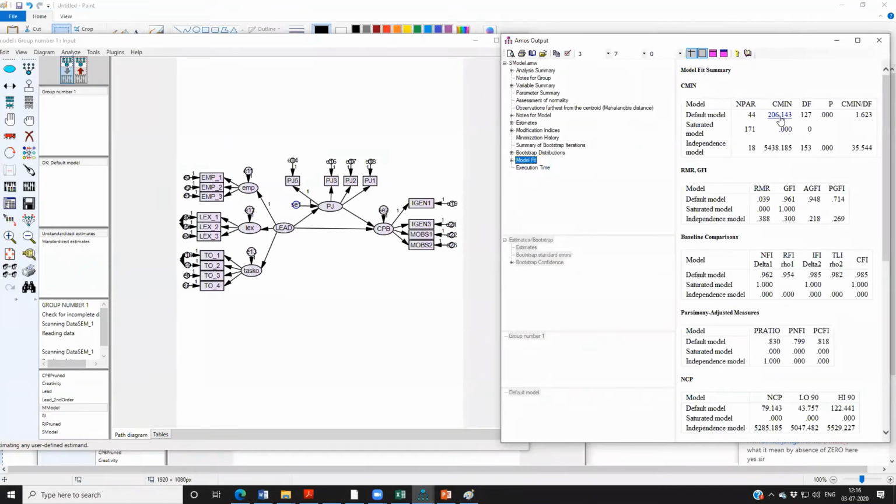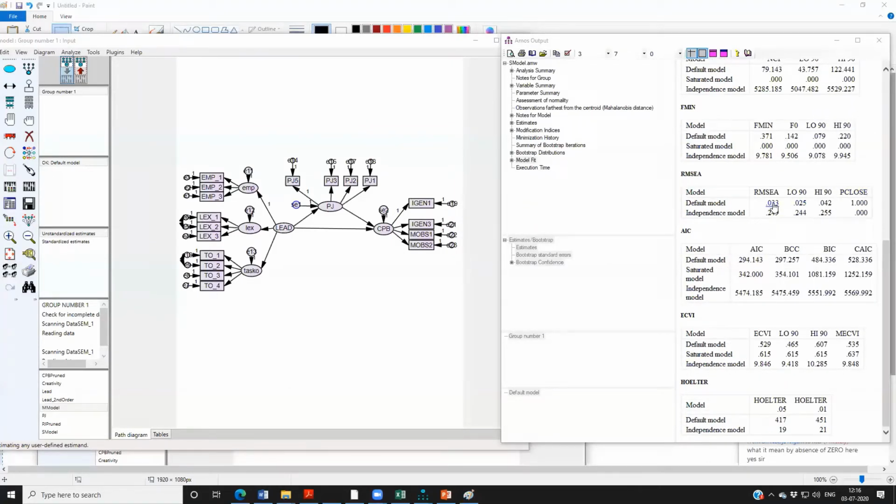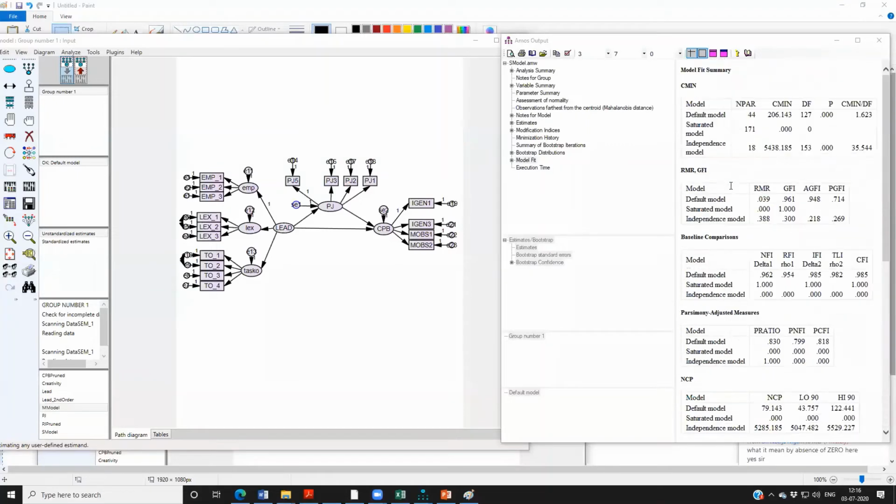Our chi-square is 206 degrees of freedom, our relative chi-square is 1.623, GFI is 0.96, and CFI and RMSEA are exactly the same indices that we had during our measurement model. So what are we saying? That our measurement model fits well with the data. This is a good model, and therefore the results that we are seeing here can be accepted and reported in the research paper.